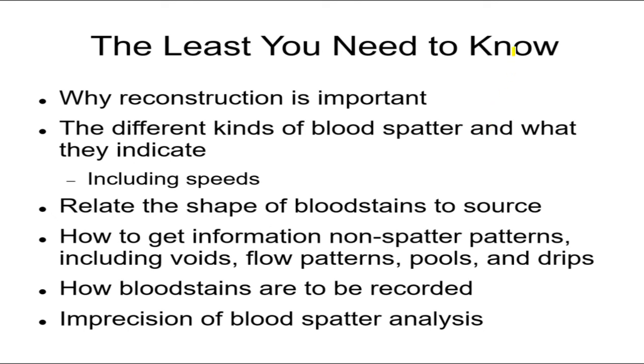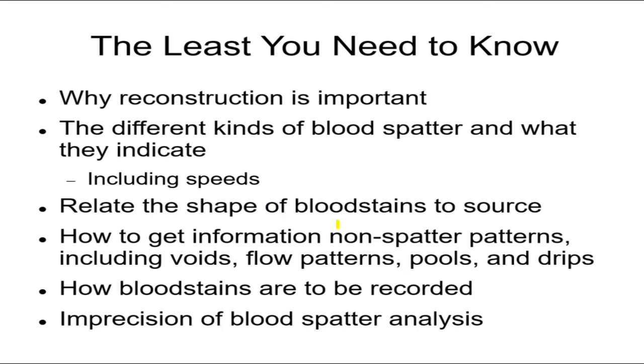Okay, so here's again a little bit of a summary of what we've been doing. We need to reconstruct crimes so we can find out what happened, and therefore why the crime was done, and maybe who the criminal is, and what to do with suspects. We should know about the different kinds of blood spatter, including impact and high velocity, medium velocity, low velocity.